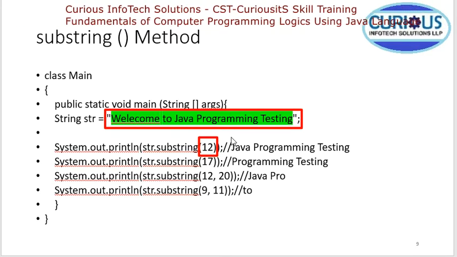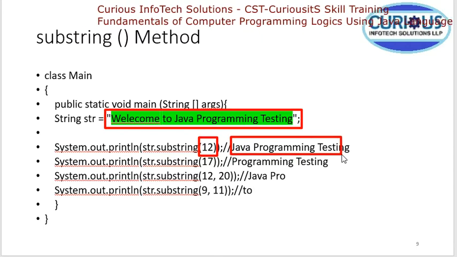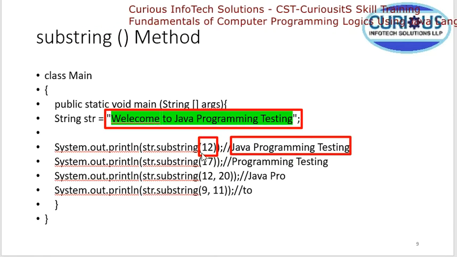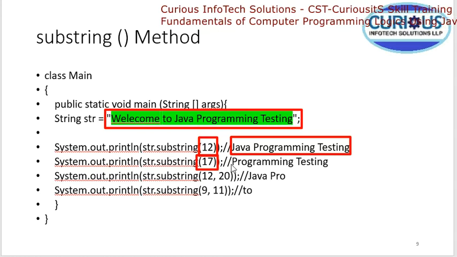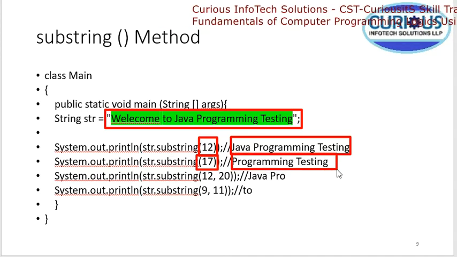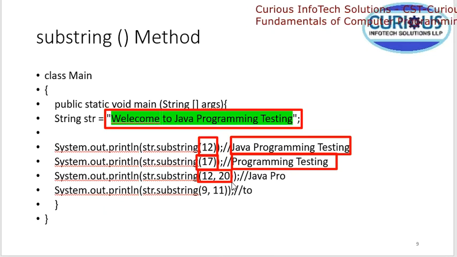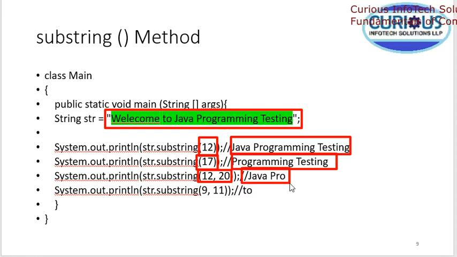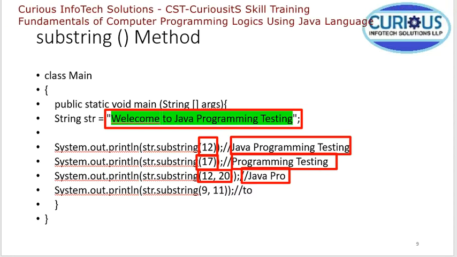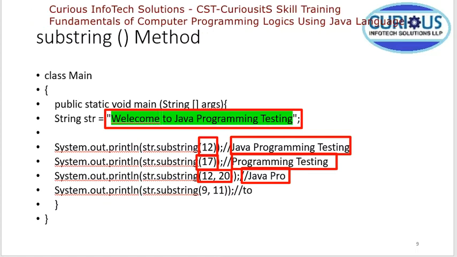After 12 we have Java programming testing only. After 17 we have programming testing only. Let us make a range from 12 to 20, you need 12 to 20. So here we will get an output like Java Pro. In this way we can easily get our output.